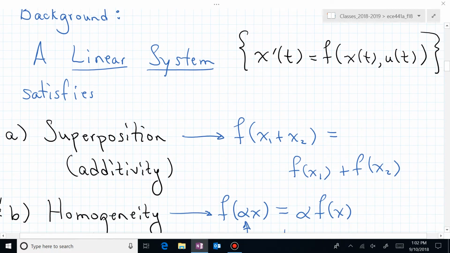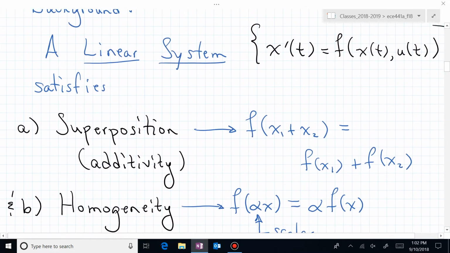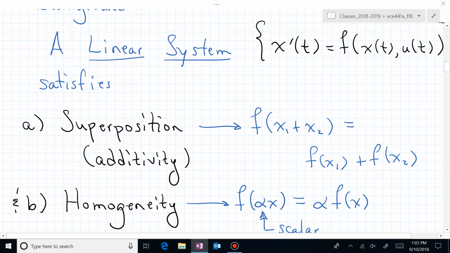A linear system actually satisfies two properties. These are AND properties, not OR, but you have to have both of these happening with the right-hand side of your differential equation. And again, x and u could be vector quantities.